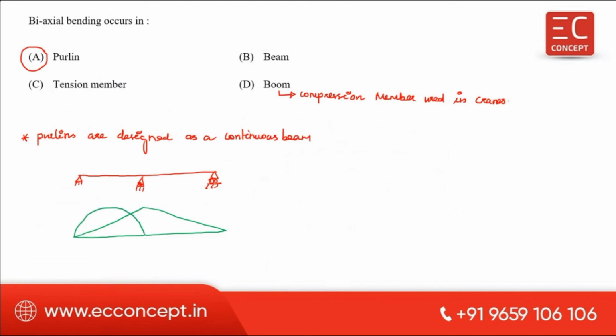This is a positive bending moment diagram. This is also a positive bending moment diagram. So this is negative, this is positive, and this is positive. Okay. And M max, which is taken for design, is equal to WL by 10. So this also they will ask you. Okay, this question was asked this year in IES. The purlin is designed for a maximum bending moment of WL by 10. So this is also an important point that you have to keep in your mind under purlin.